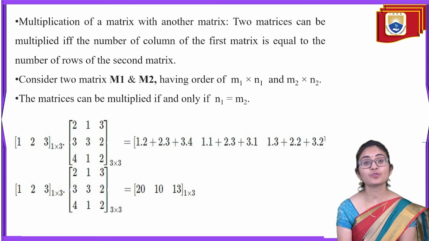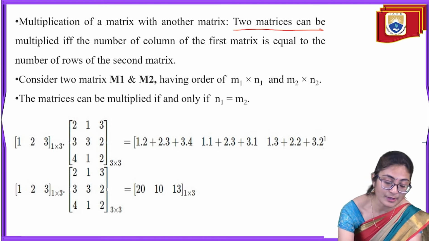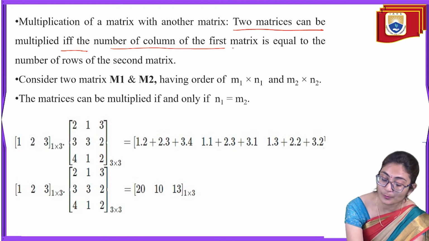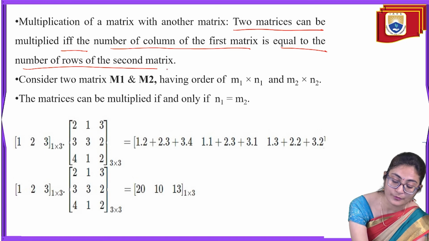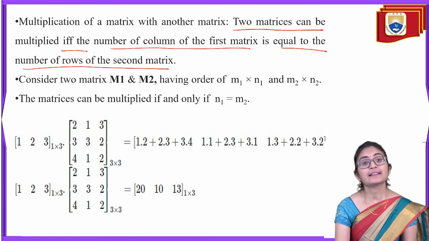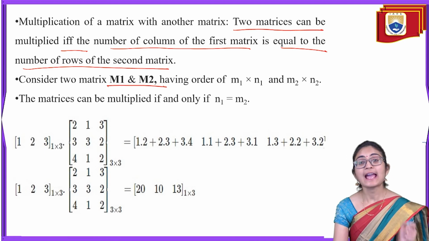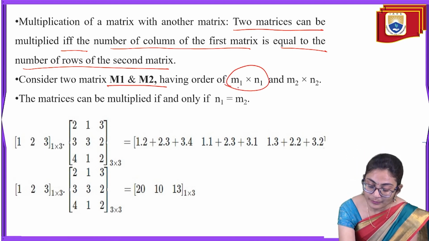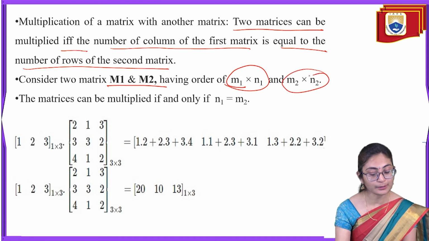And multiplication of a matrix with another matrix means two matrices can be multiplied if and only if the number of columns of the first matrix is equal to the number of rows of the second matrix. Here you have to consider M1 and M2 having dimensions M1 by N1 and M2 by N2.